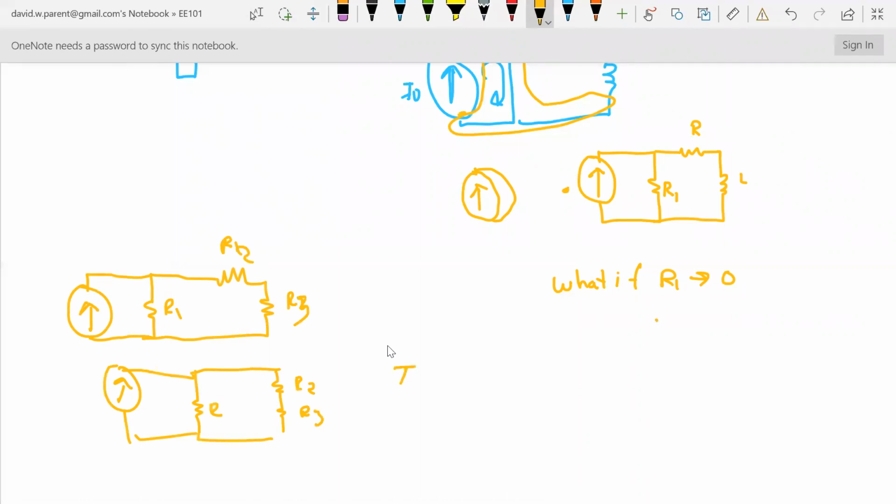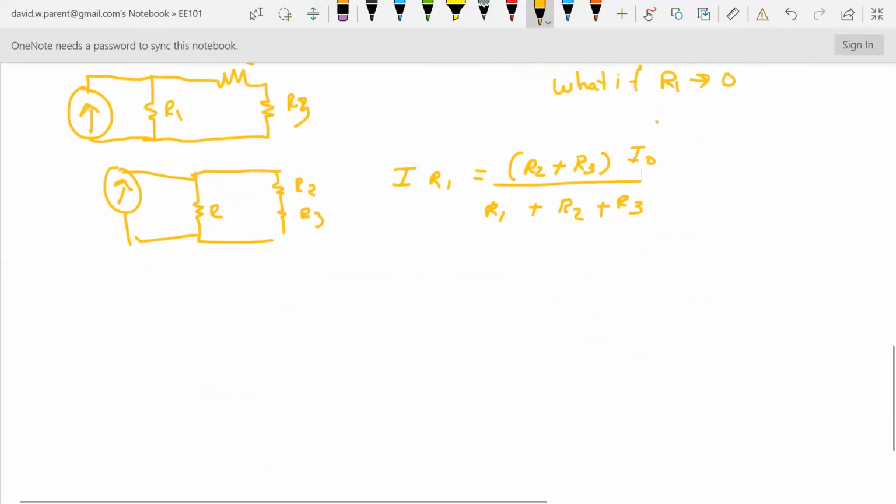Now, IR1 equals, and this is current division, (R2 plus R3) divided by (R1 plus R2 plus R3) times I naught.